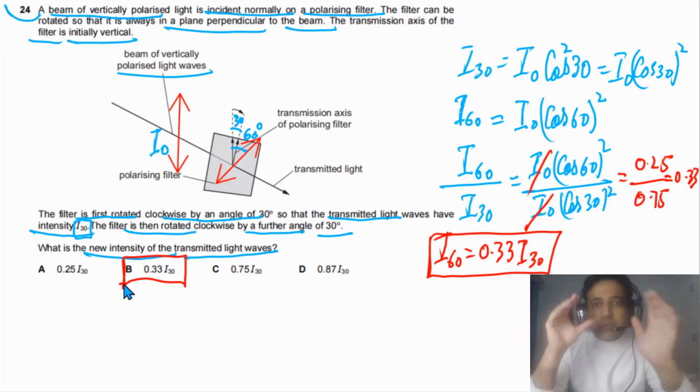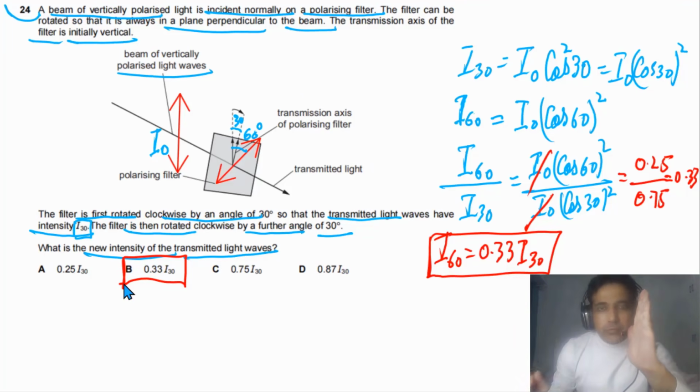You need to understand we are using the same filter. First of all, the filter is vertical. Then we rotate it by 30 degrees, and again we rotate by 30 degrees for the second time. The second time, the angle between the vertical and the transmission axis is 60 degrees, before it was 30 degrees.